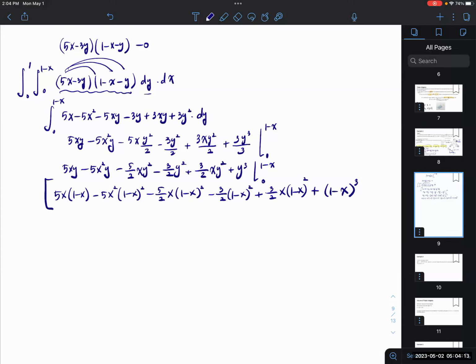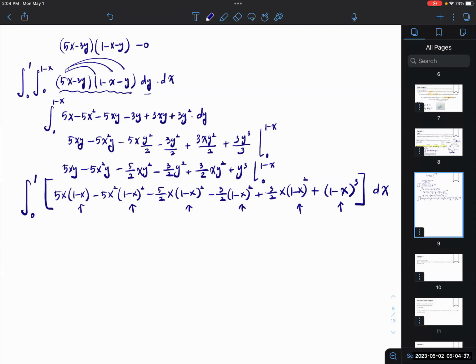So at the end, from 0 to 1, you're going to take the dx. But let me condense it. First, I observe that in each term there's a 1 minus x. So that's going to be their common factor. Am I correct?